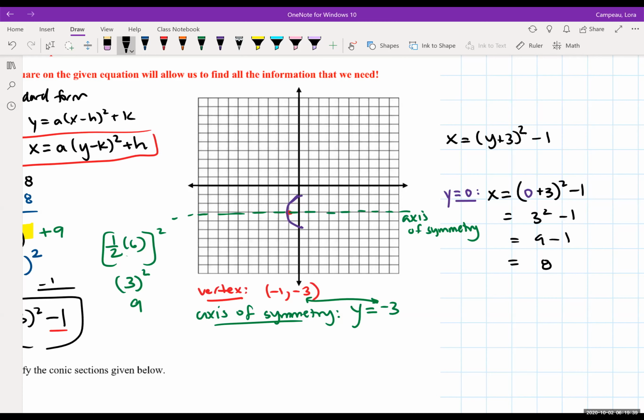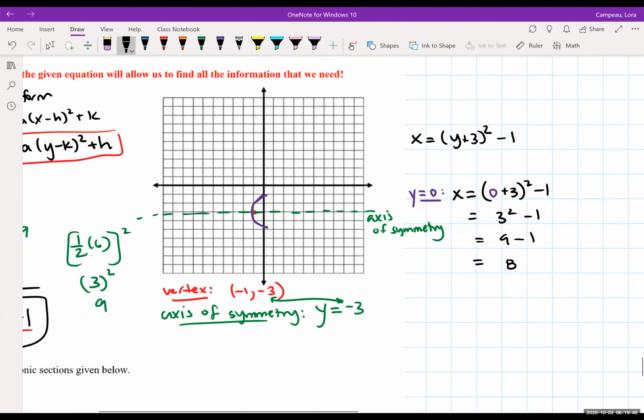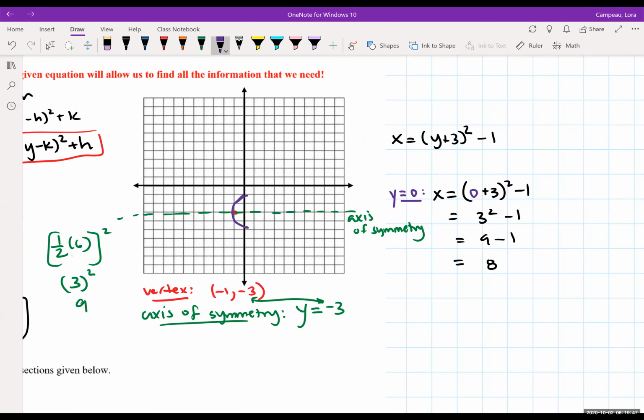So remember, when you make the ordered pair from this, you're always putting the x value first, which is 8, and the y value second. So when y equals 0, x is equal to 8. Okay, so if you want to plot that, 8 comma 0, 1, 2, 3, 4, 5, 6, 7, 8.